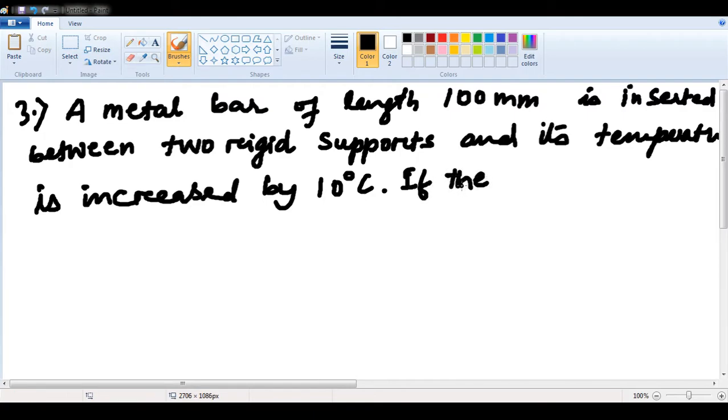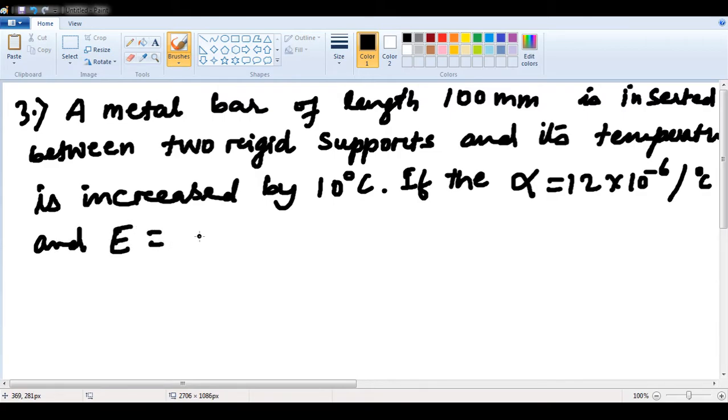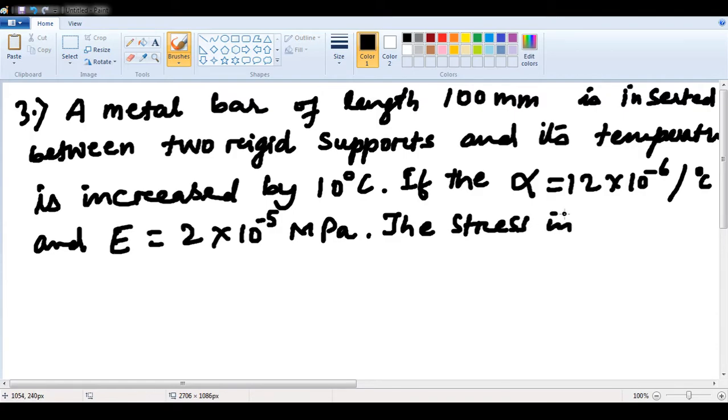If the coefficient of thermal expansion alpha is 12 into 10 to the power minus 6 per degree centigrade and E is 2 into 10 to the power 5 megapascal, the stress in the bar is how much?